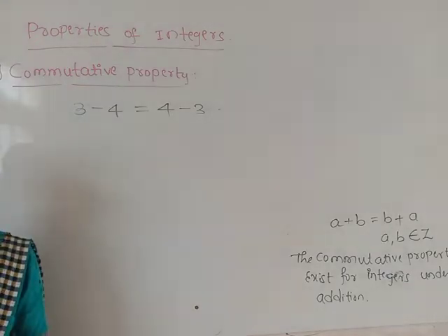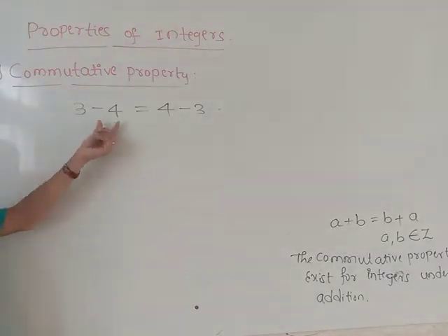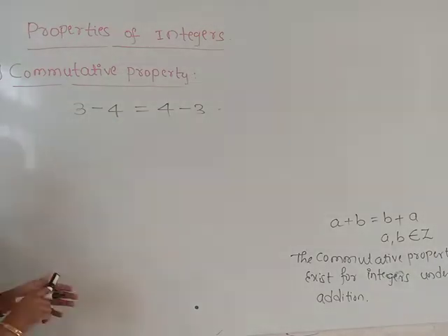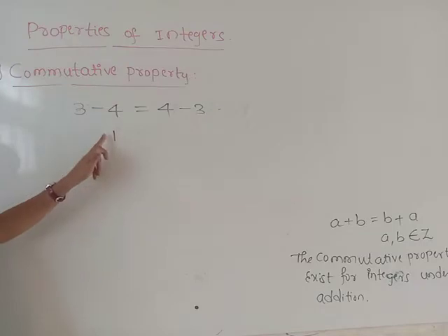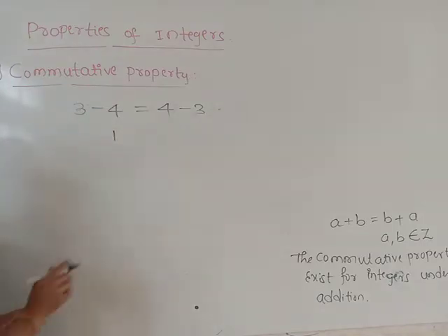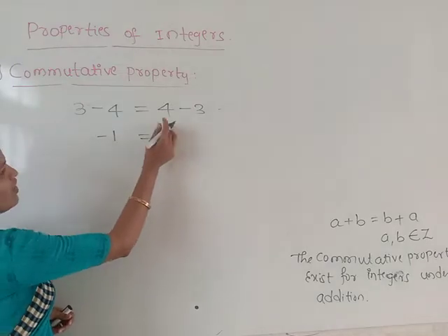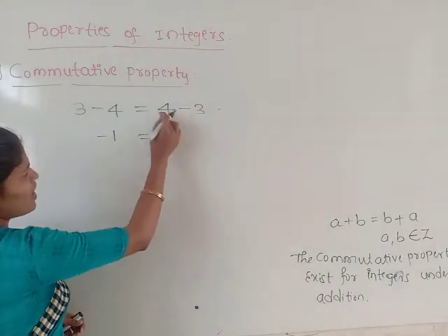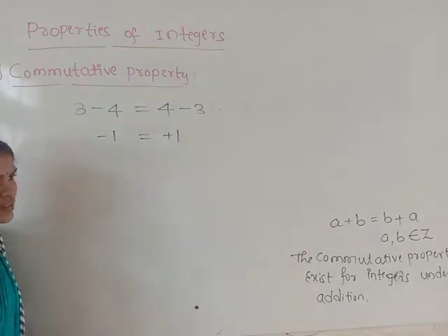What are we doing here? Subtract the smaller number from the greater one. 3 minus 4 is 1, but here use the greater number's sign. What is the greater number's sign? Minus. Then here 4 minus 3 is 1, with the greater number's sign, plus 1.